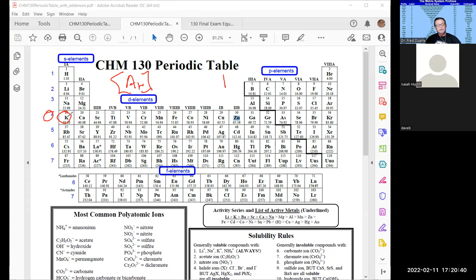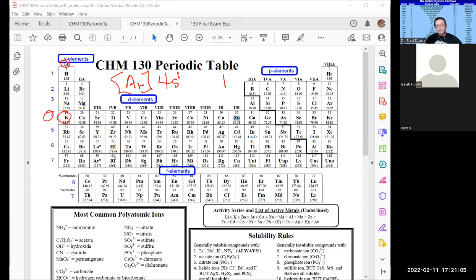Potassium is in the 4th energy level, and it's in the first column of the S elements. So it's 4s1. It's in group 1A, which tells you there's one valence electron, which is in the 4s1 orbital. Okay, so there it is very quickly.